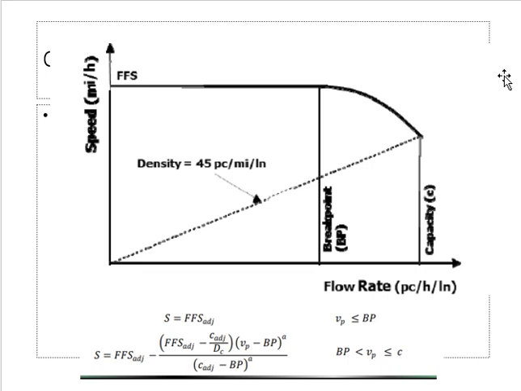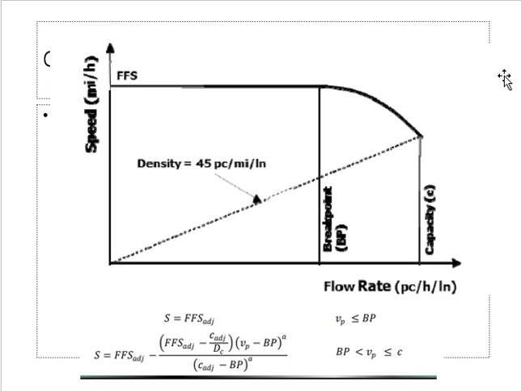If you are on this part of the curve, then your speed is free flow speed. If you are in this part of the curve, then your speed is this equation. So first I need to find out whether I'm here or here.